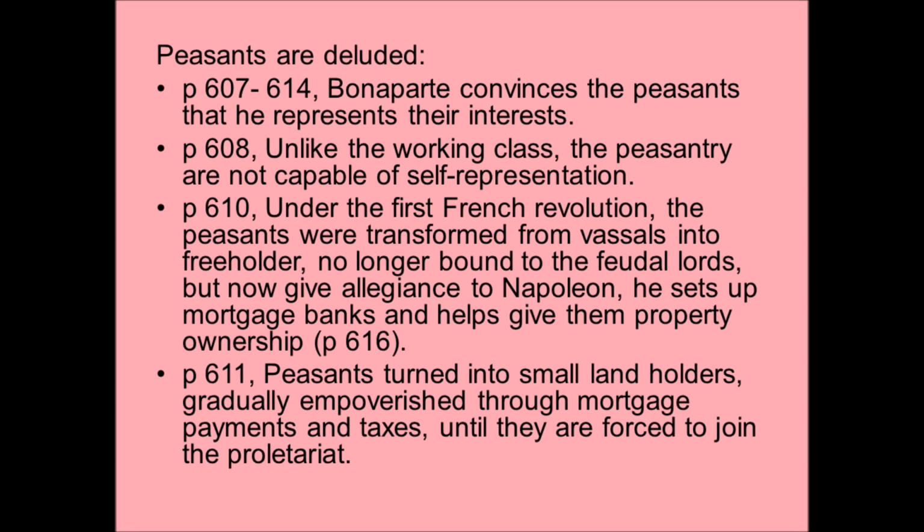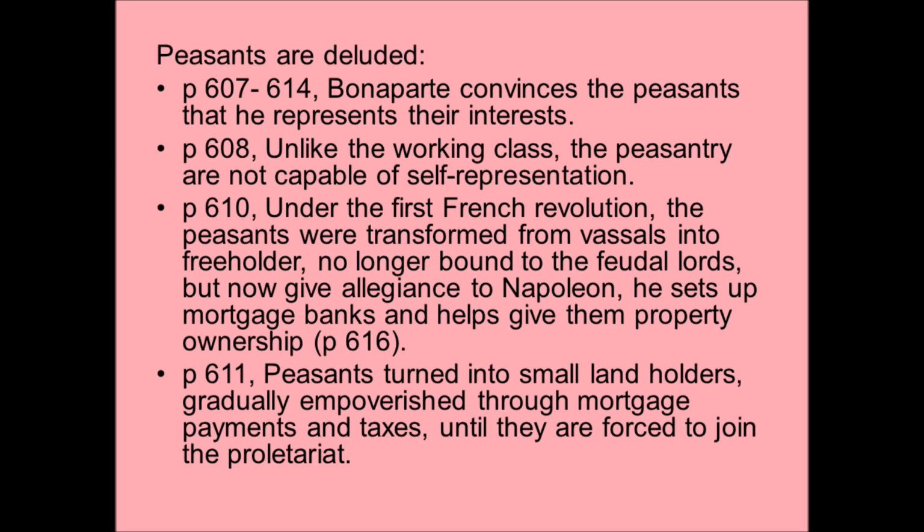Within these forces, the peasantry occupy a peculiar position for Marx. He argues that they are deluded. Bonaparte convinces the peasants that he represents their interests. Marx argues that unlike the working class, the peasantry are not capable of self-representation. Under the First French Revolution, the peasants were transformed from vassals into freeholders.